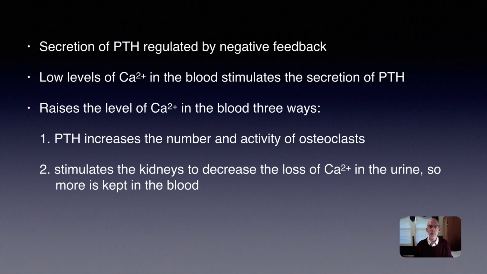Another way that parathyroid hormone works is by working on the kidneys and decreasing the loss of calcium out of the blood and into the urine. So let me see if I can explain that in more detail. The role of the kidneys is to filter the blood. That is to take what's in the blood and determine what needs to be taken out of the blood and put into the urine and what needs to stay in the blood.